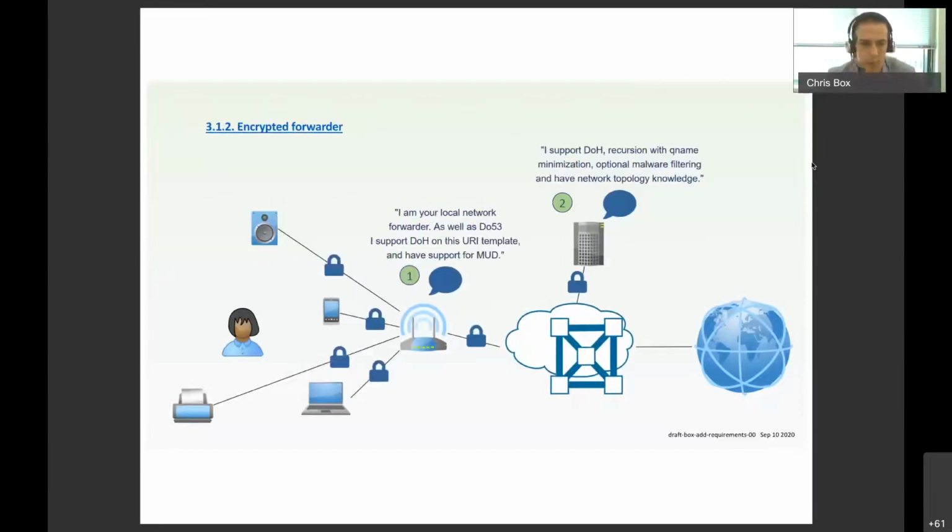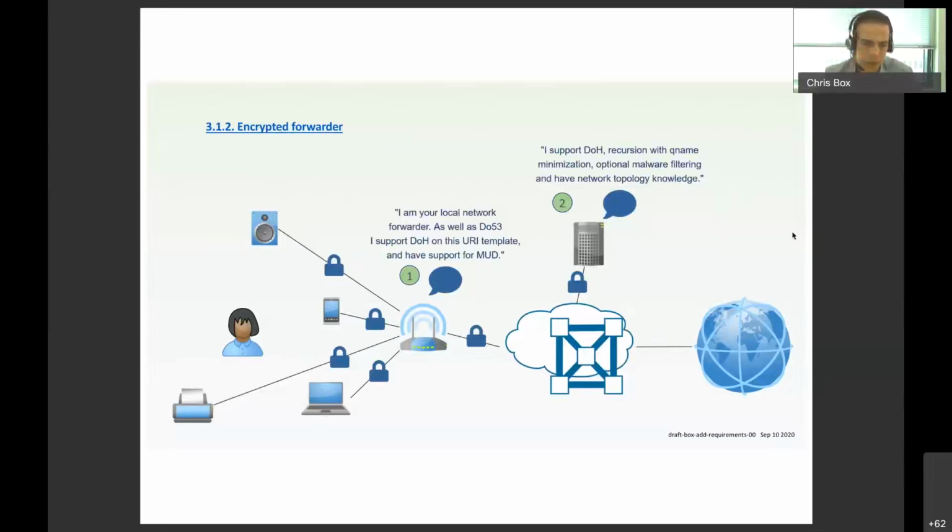So the encrypted forwarder, obviously it's different in the sense that we can take advantage of the locality of that encrypted DNS support. This either comes out of the box or has been upgraded so that it supports some form of encrypted DNS. So it needs to be able to announce that to its local clients.